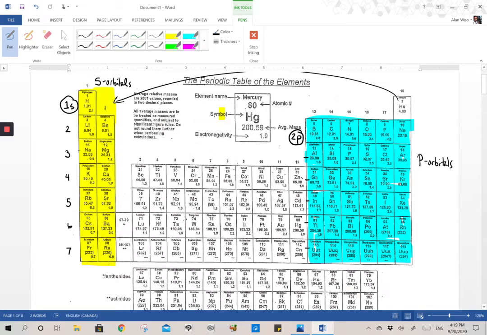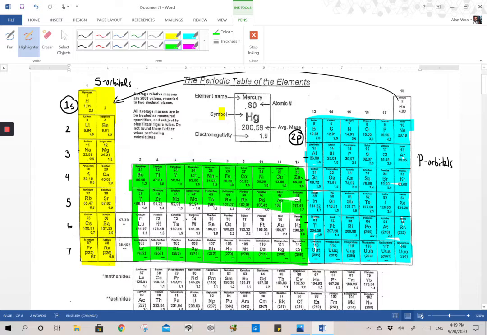Okay? Now, let's look at the middle block. The middle block, these guys represent your d orbitals. They happen to be all your transition metals too.